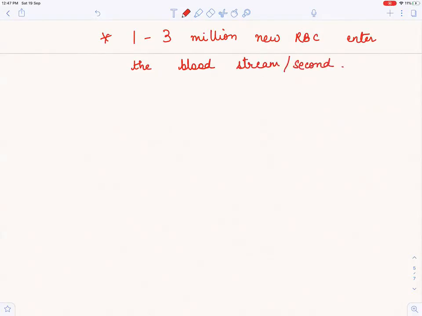Okay. And there is this term which we'll be doing in detail, erythropoiesis. What is this? It is a term used for production of RBCs, and this we will be doing in too much detail.